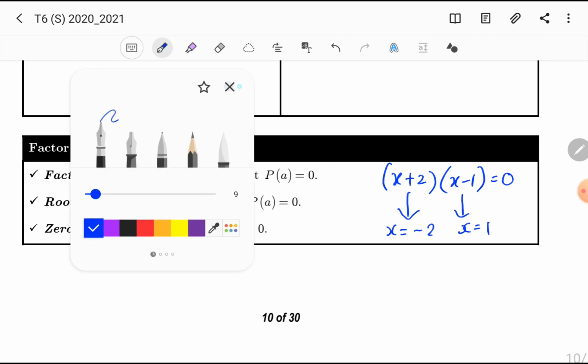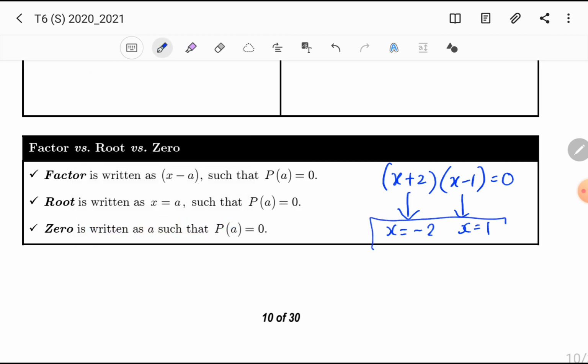So this number ni, these two numbers ni, kita ada x equals. Ini kita panggil roots. Okay. The number itself, okay, kita panggil zeros. So zeros are negative 2 and 1. Okay. Zeros tu number dia sahaja.